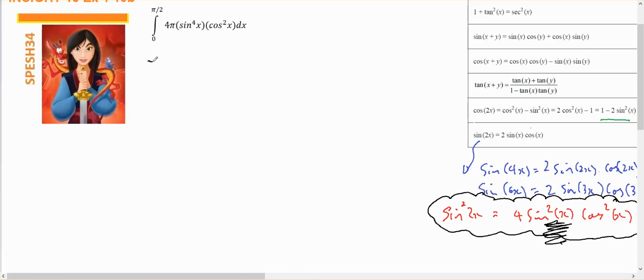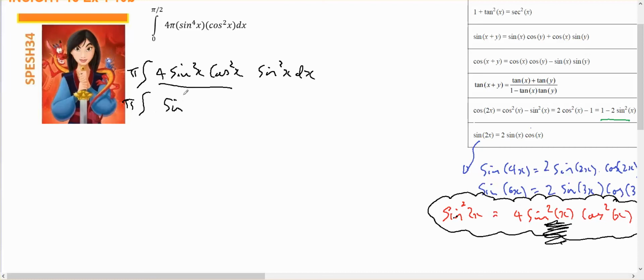So it's going to be the integral, I'll put a pi out the front, 4 sine squared x cos squared x sine squared x dx. And that will give me pi integral of 4 sine squared cos squared, which is sine squared of 2x, times a sine squared 2x dx.